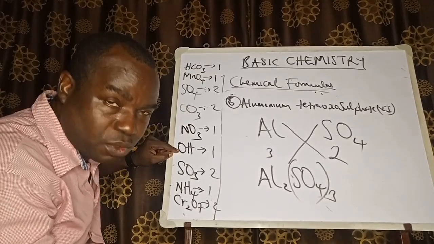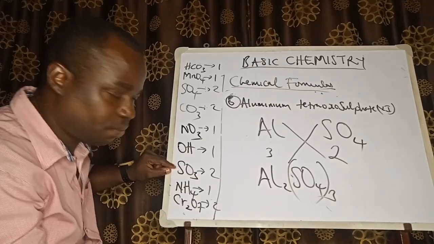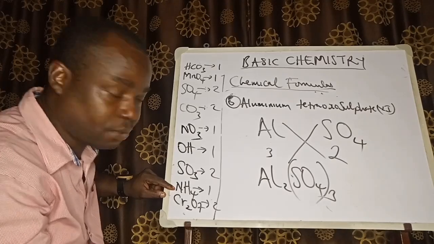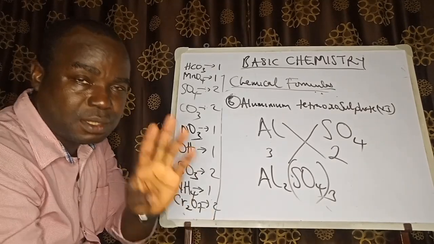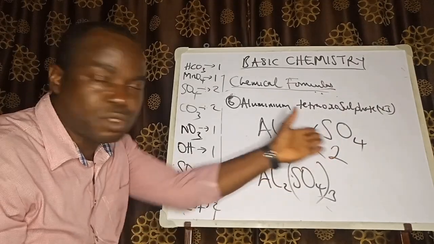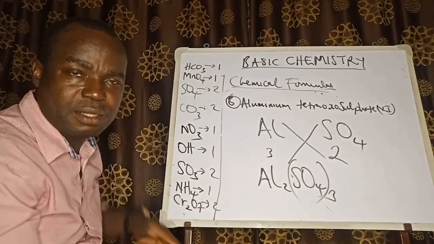This one is hydroxide. This one is trioxosulfate. This one is ammonium. This one is heptaoxodichromate. Hepta means 7. So please copy out the names. In case you don't want to form it like this, you can easily use the names to identify the symbols.